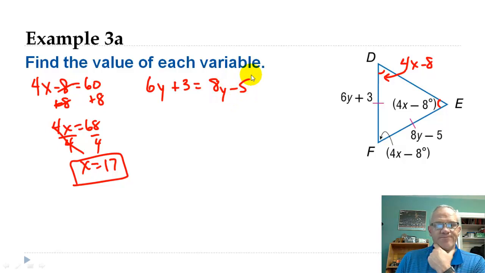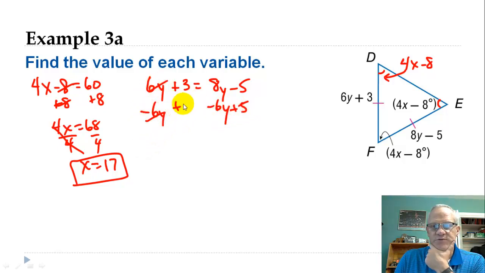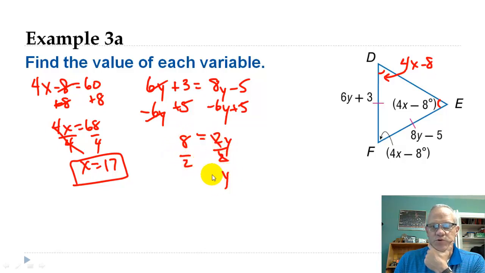That's my equation. And then I'll solve it. So minus 6y, plus 5. So you have 2y equals 8, divided by 2, and y equals 4.